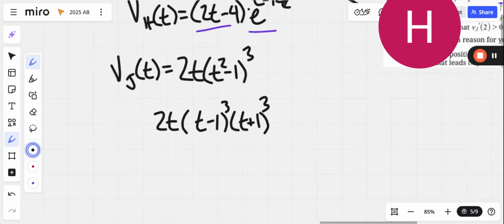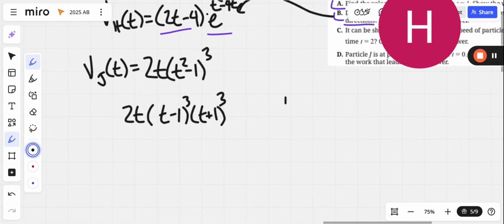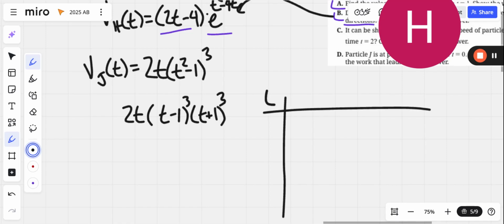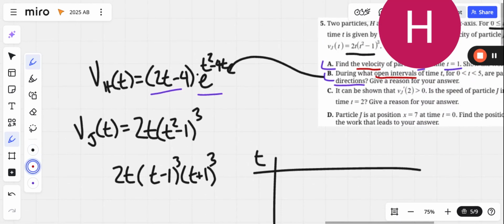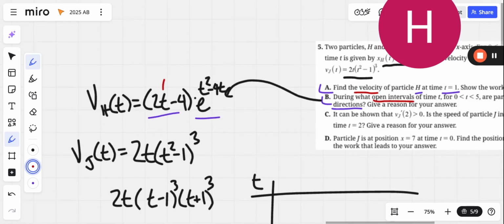So let's use a chart. This is a perfect example of when the chart comes in handy. Here's our time, and we have some important times along the way. We have some important times when VH is 0. Now this can only equal 0 when t equals 2. This is always going to be positive here. E to any power is always positive.